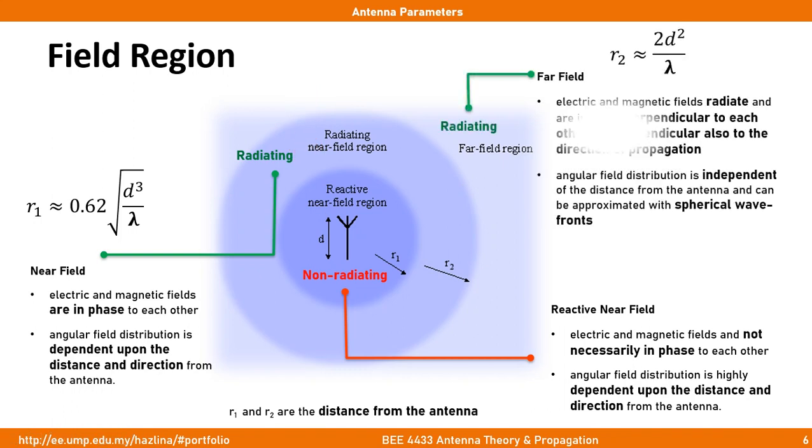And finally, the far field region. This is where the antenna starts to radiate steadily. This region is beyond R2. Here, the electric and magnetic fields radiate and are in phase. They are perpendicular to each other and also perpendicular to the direction of propagation.